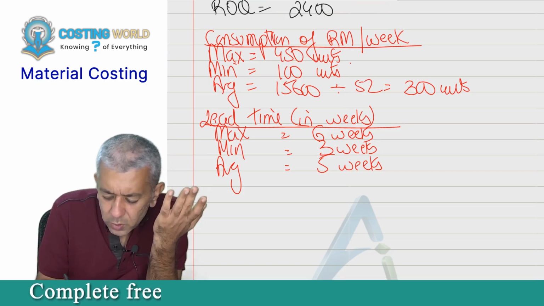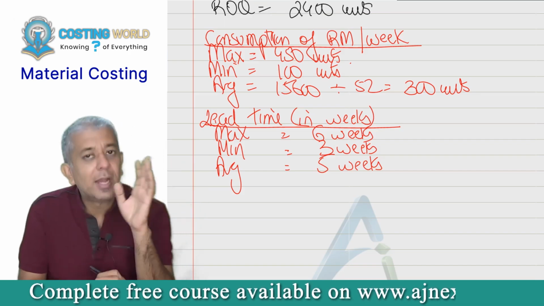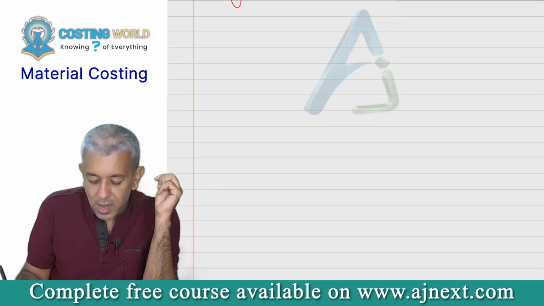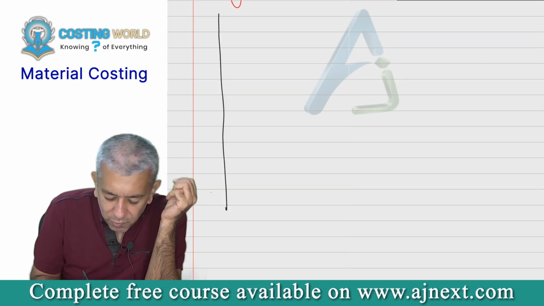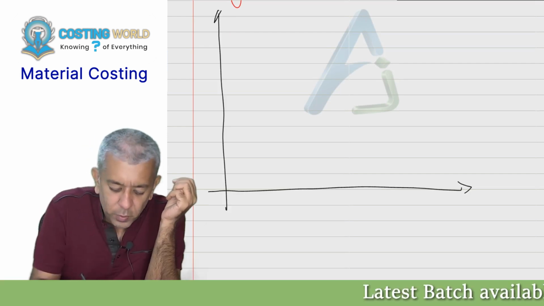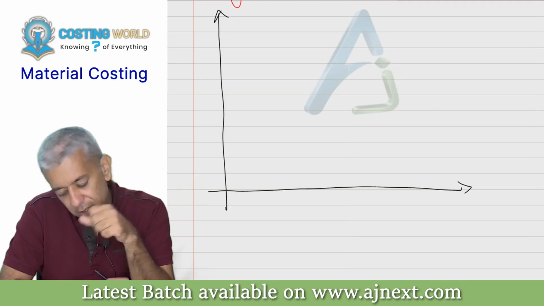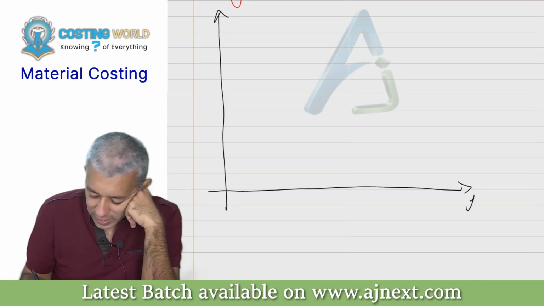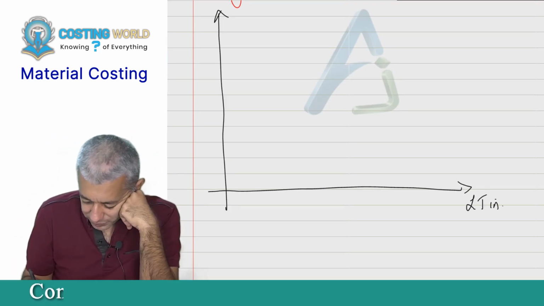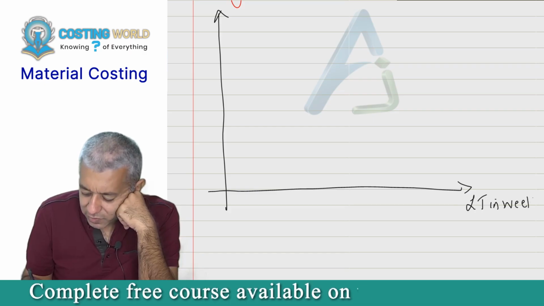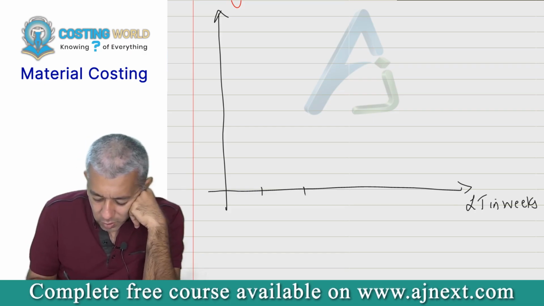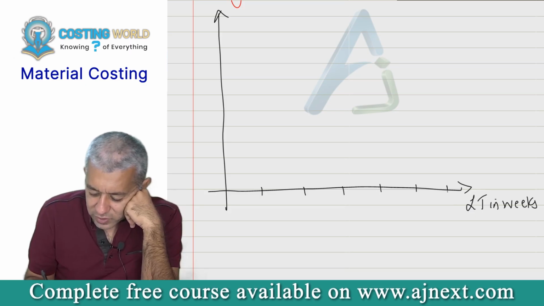I ordered 2,400 units at one time. Now see, I want to be computing ROL for you. I'm asking you all, what is the full form of ROL? Reorder level. So I'm making a graph. In the graph, on the x-axis, you have lead time in weeks: 1, 2, 3, 4, 5, 6.